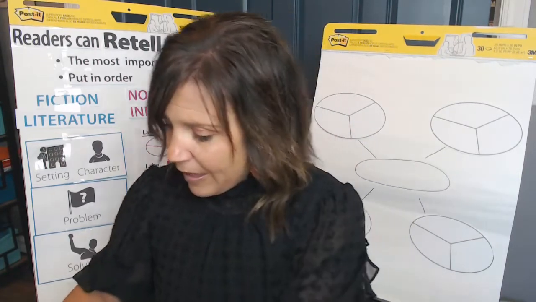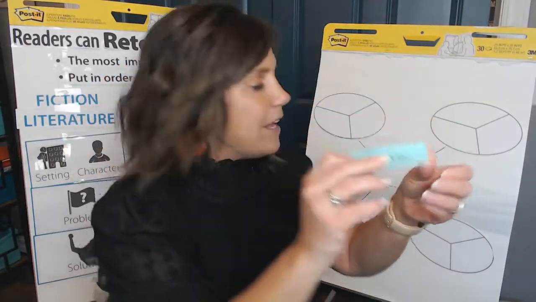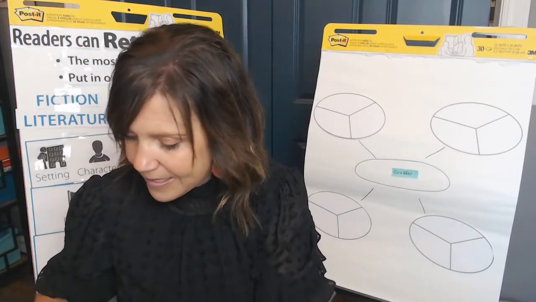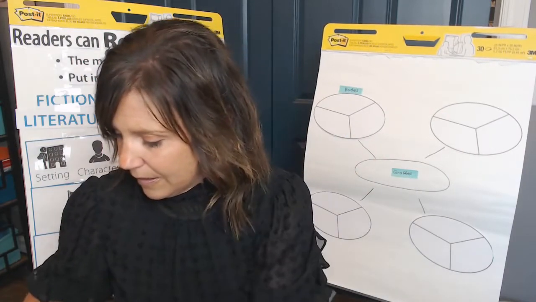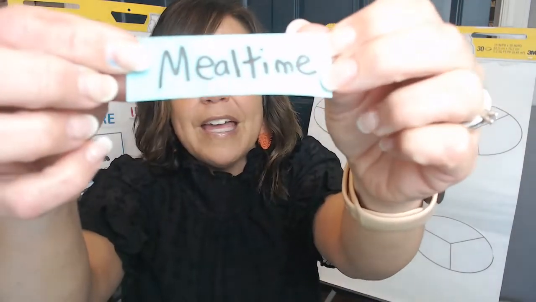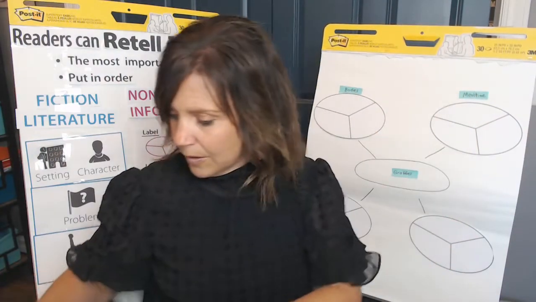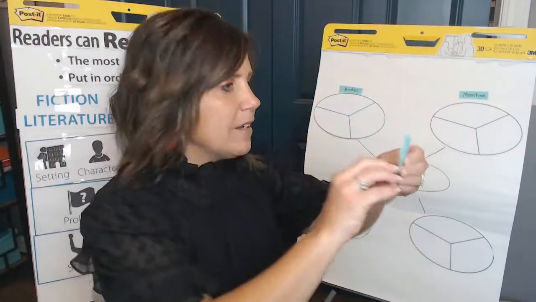So the sections we're going to look at: giraffes is going to go in the middle. So I wrote giraffes, and that's going to go in the middle of our web. And then their bodies is going to be a section. What they eat at mealtime is going to be a section. The baby giraffes is going to be a section.